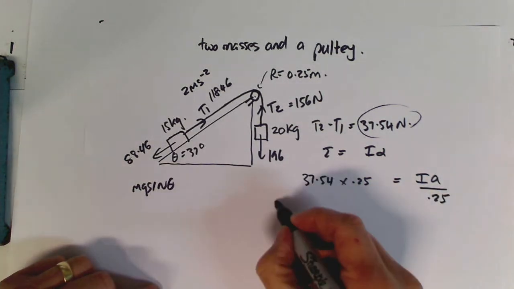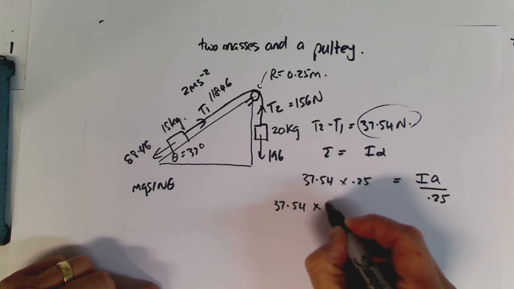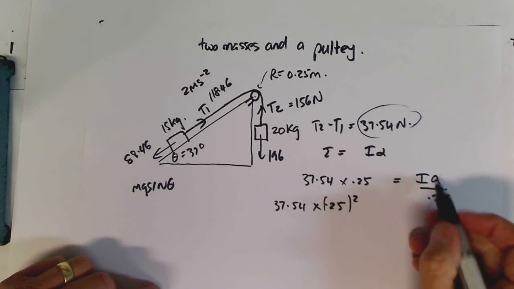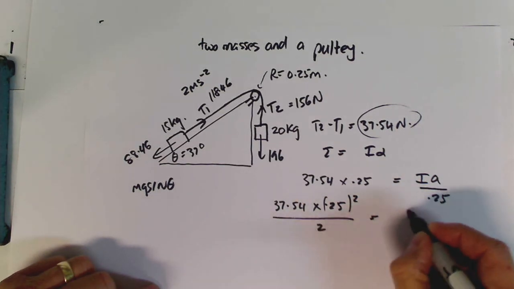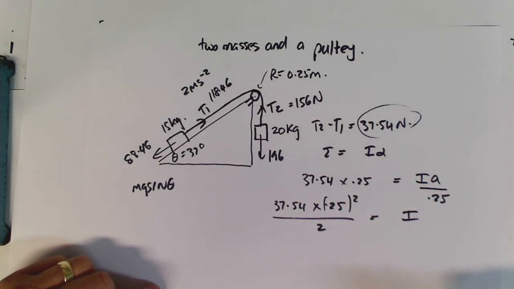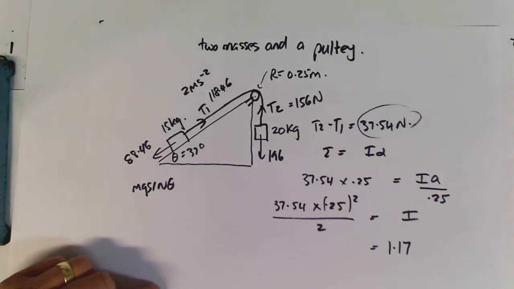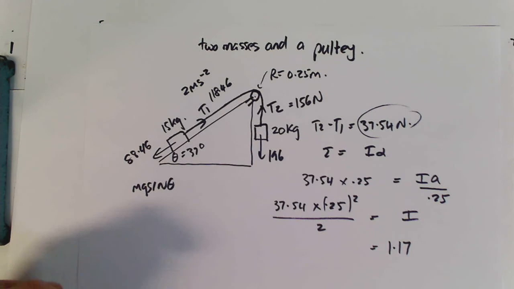So we can say 37.54 times 0.25 squared, all divided by the acceleration, which was 2, will give us I. If we do all that, I think it comes out to 1.17 kilograms meters squared. And I think we are done.